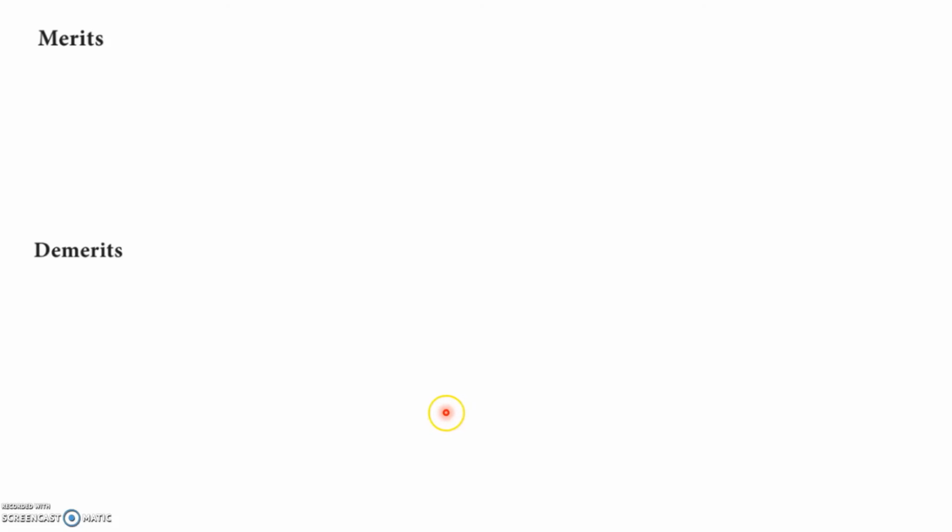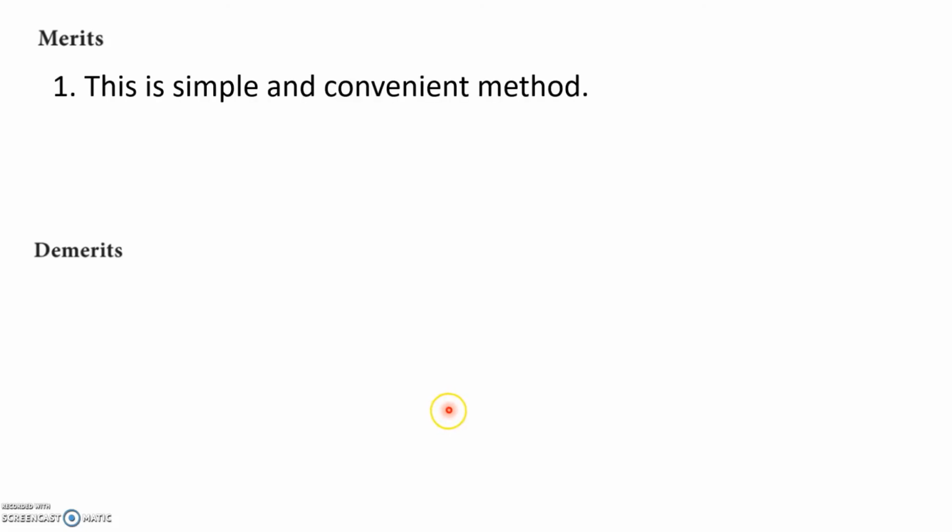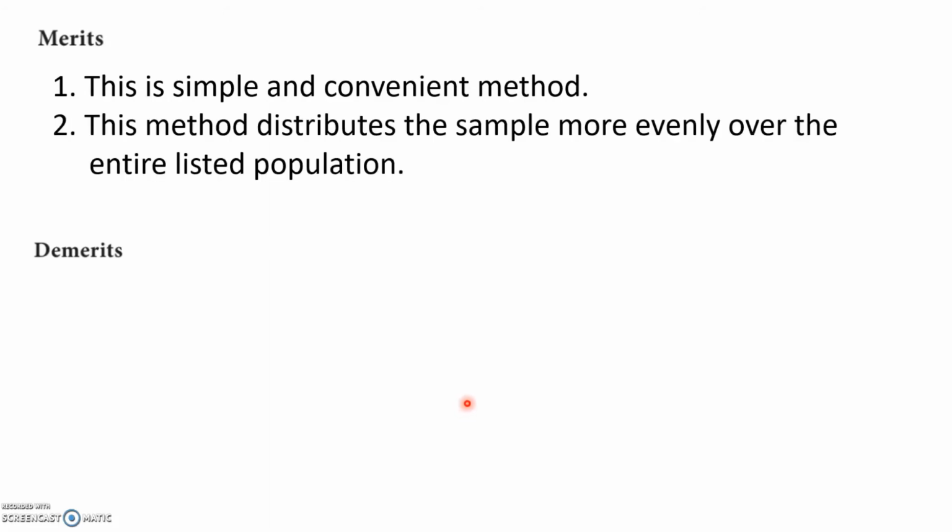What are the merits of this method? This is a simple and convenient method. You have a systematic numbering, so once you have numbered, you just have to apply the numbers and pick up the samples. There is no other heavy work required to choose a sample, so it's very easy and convenient.